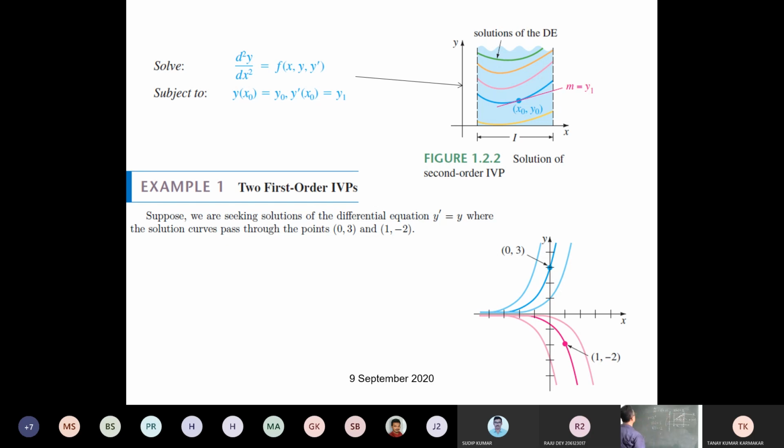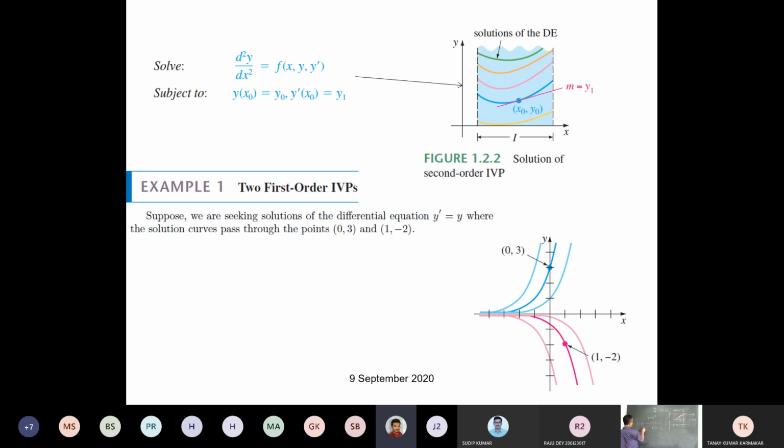Because if I plug in y equal to 1, then e to the power x is always going to give me 1, right? So basically for this, the solution will be y equals 3 e to the power x, and for this, what will it be?